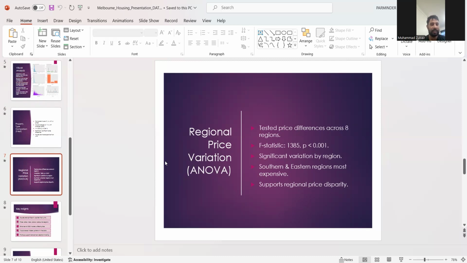The southern and eastern metropolitan regions emerged as the most expensive, while some outer or western regions showed lower average prices. These findings underscore the influence of geographic location on property value and validate common assumptions about urban housing markets.